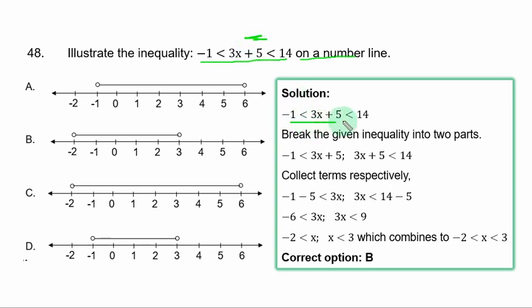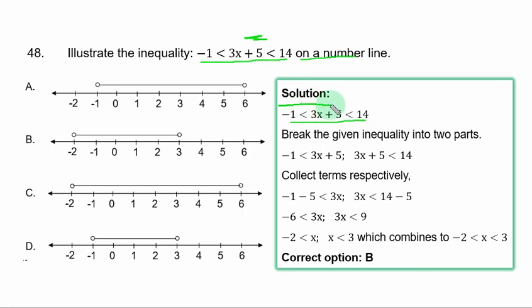Solution. You have the given inequality. The inequality has 3 terms, and to avoid confusion, you have to break it down. You can solve it directly, but breaking it down avoids all confusion.